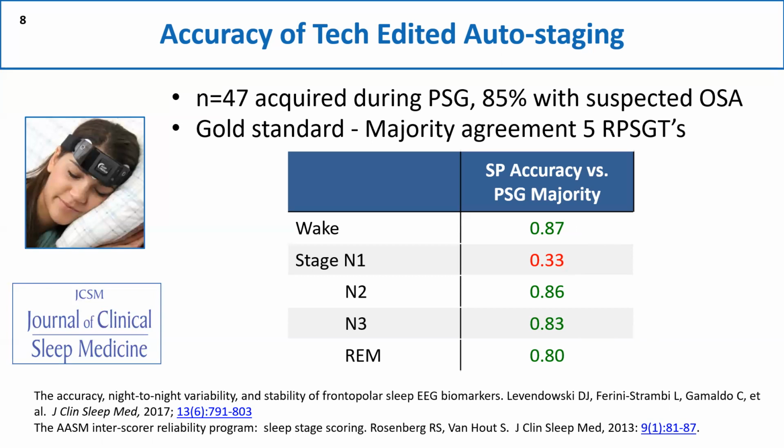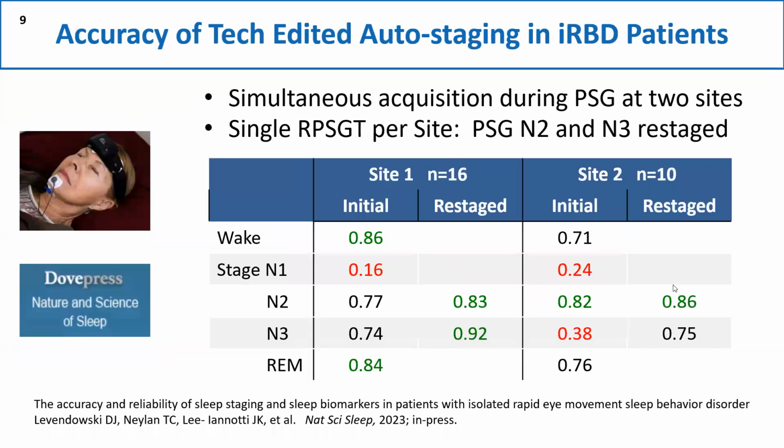What we found in our study, when we looked at the percentage of all of the epochs across all 47 individuals, one technician staged 7.5% of all of those epochs N3 sleep, and another one staged over 28% N3 sleep. So that's the beauty of being able to use multiple raters in trying to validate the auto-staging technology.